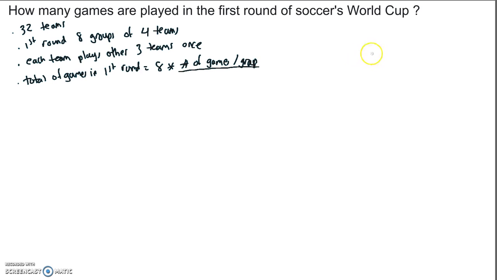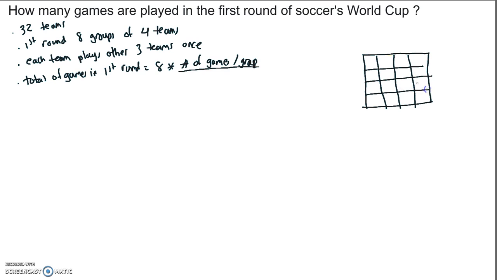So let's draw a simple scoreboard. We have 4 teams, so we're going to draw a square with 4 columns and 4 rows. Let's call the number of teams n, so here n equals 4. We name our teams A, B, C, and D, along both the columns and the rows.